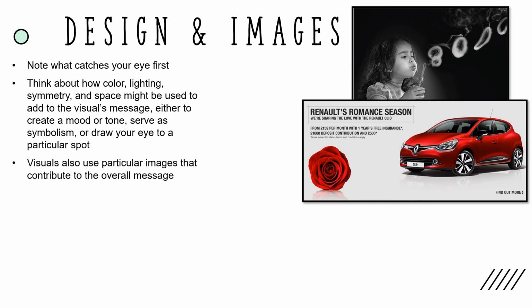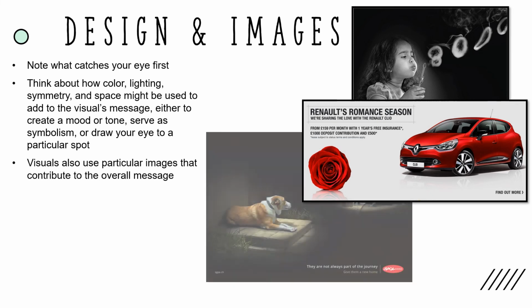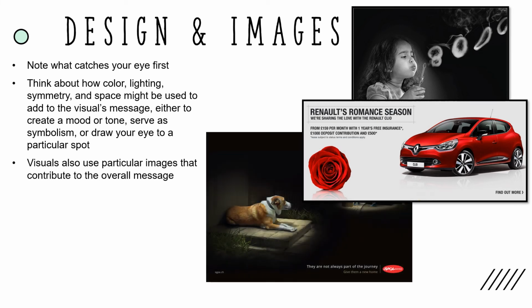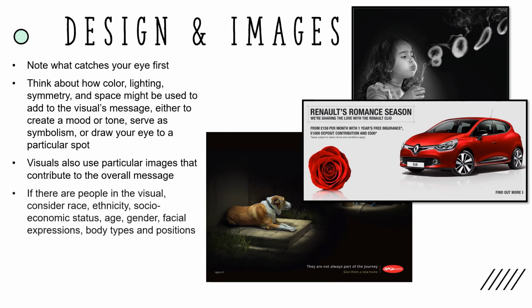Visuals also tend to use particular images that may contribute to the overall message. For example, an image of a sad dog might convince the audience to donate to an animal shelter. If there are people in the visual, note details such as their race, ethnicity, socioeconomic status, age, gender, facial expressions, or body types and positions, and decide if they play a role in the visual's purpose.